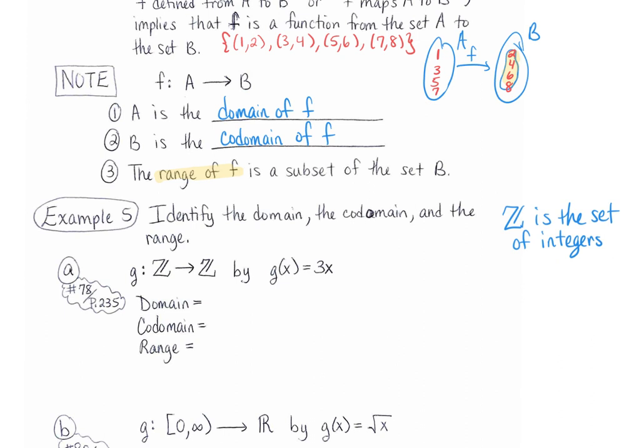Z, right? Good. It's the set of integers. What's the codomain? Let me highlight it. What's your codomain? Z. Good.